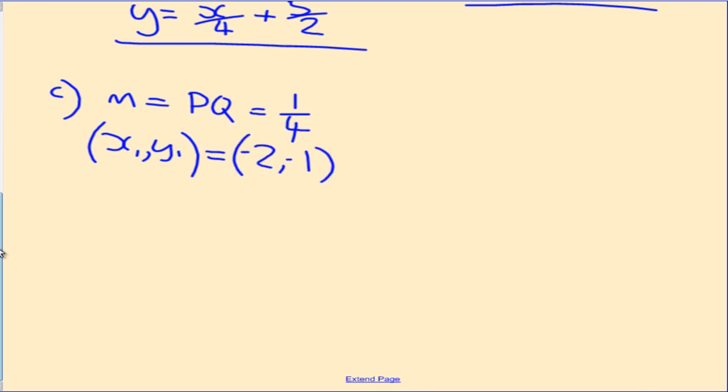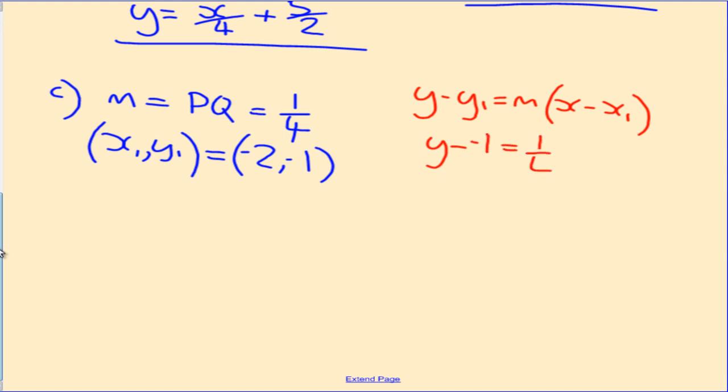And we're going to use that information, put it all together in our formula of y minus y1 equals m outside of x minus x1. We will have y minus a -1 equals our gradient of 1/4 outside of x minus a -2.